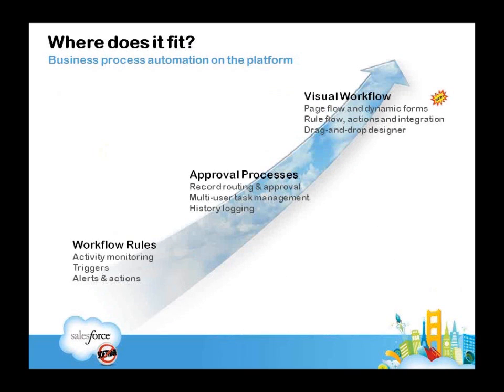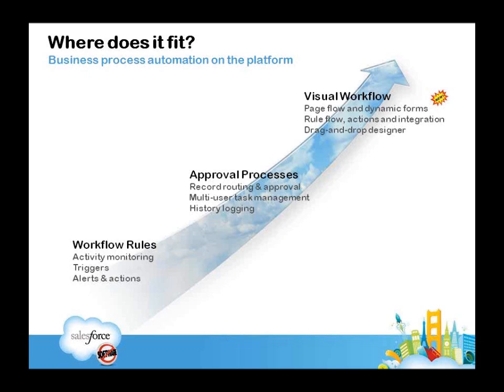So where does it fit generally in things? Basically, you have the workflow rules. I'm sure some of you have played with that if you're Salesforce veterans, for activity monitoring, alerts, and triggers, campaign management, things like that.